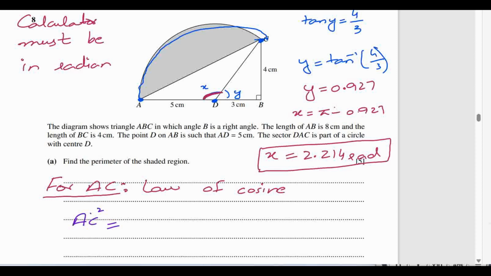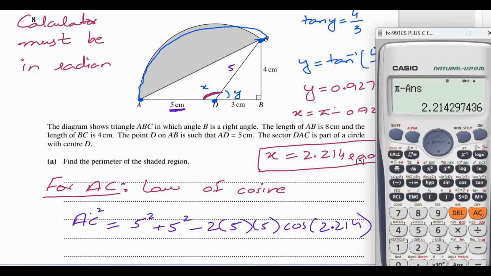DC. Now as we can see this length is 5 centimeter, it means that this length will also be 5 centimeter, because this is a part of a circle. So if it is a part of a circle, AD will be equal to DC because it is the radius. So that is why we can write it as 5 square plus 5 square minus 2 into 5 into 5 cos of angle 2.214.